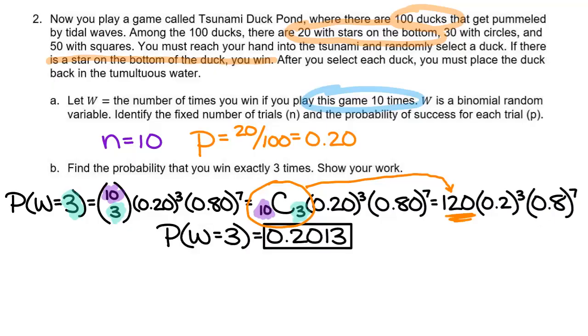Then I'm going to use my arrow so that I stop typing exponents. And then parentheses 0.80 to the power of 7. And I hit enter. We get about 0.2013. So the probability that W equals 3 is about 0.2013.